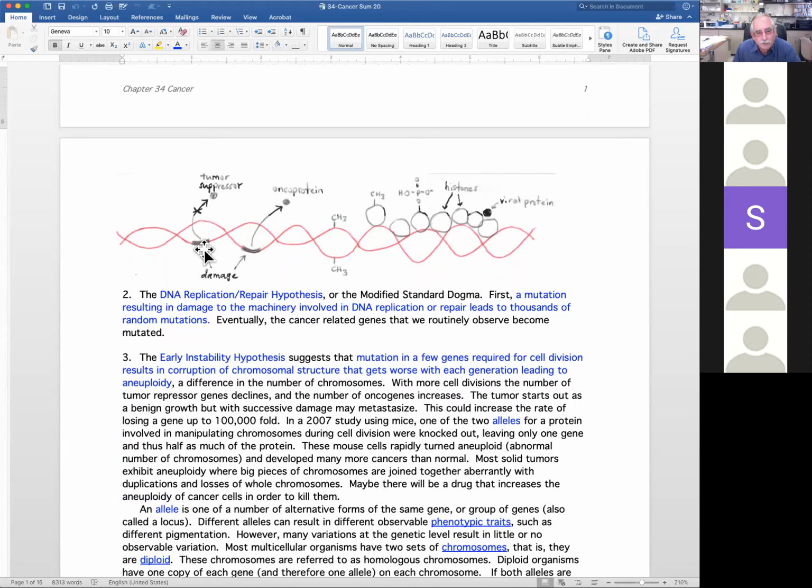Here's a tumor suppressor gene. Damage in here will stop the production of a tumor suppressor, so it's no longer able to tell an oncogene to stop being active. So both of these are most likely regulatory genes, especially this one right here.